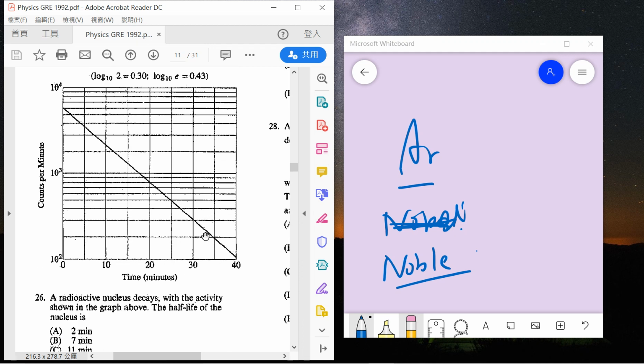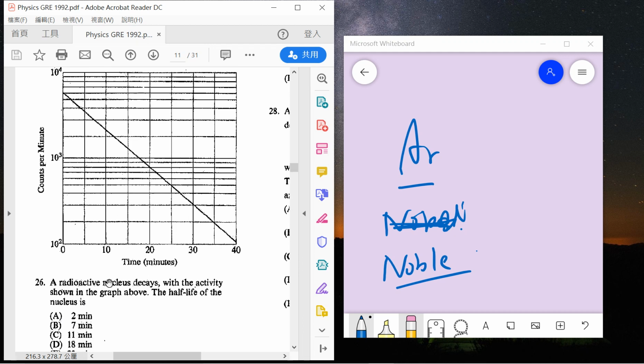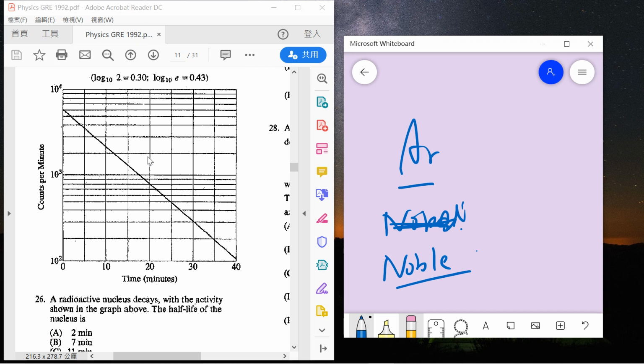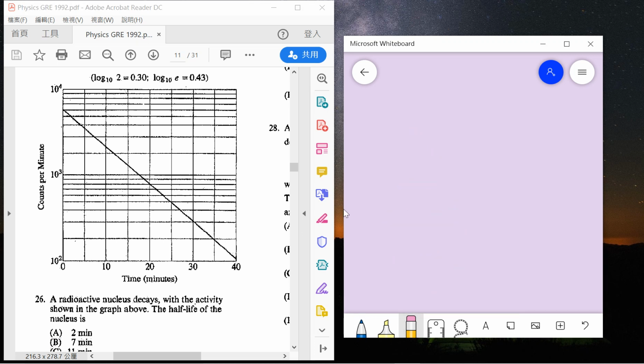Okay, so 26, a radioactive nucleus decays with the activity shown in the graph. What is the half-life? Half-life is the time it takes for your population to become half. Here are 3.0, 3.1, 3.2, 3.3 in powers of 10.